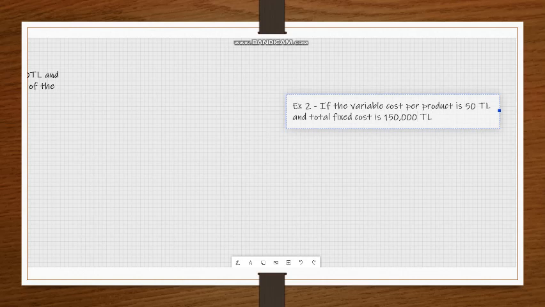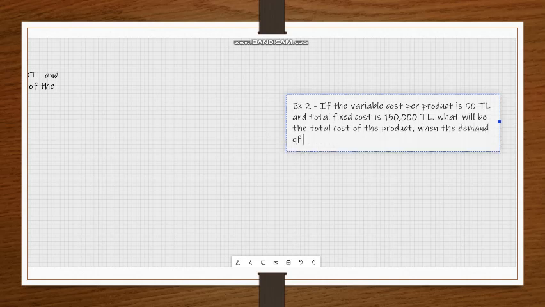Okay, what will be the total cost of the product when the demand of the product is 1,000? All right.